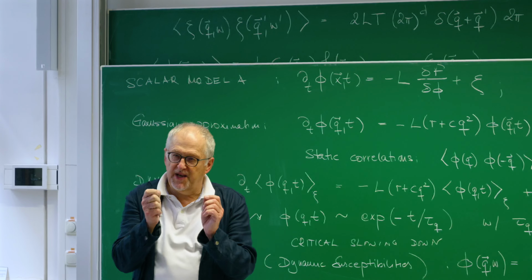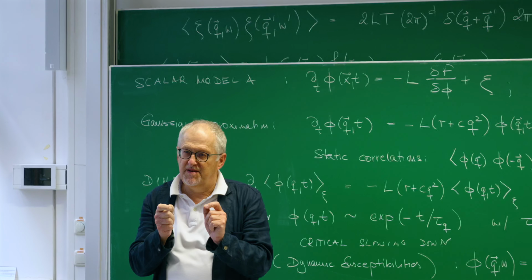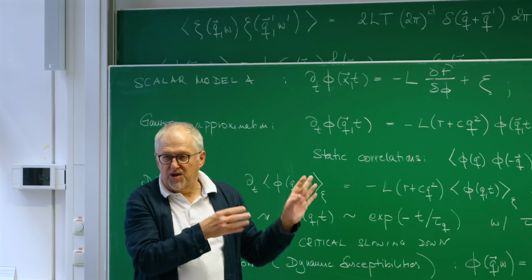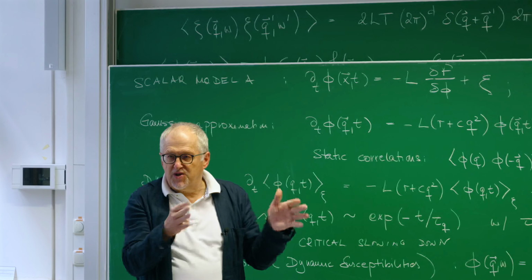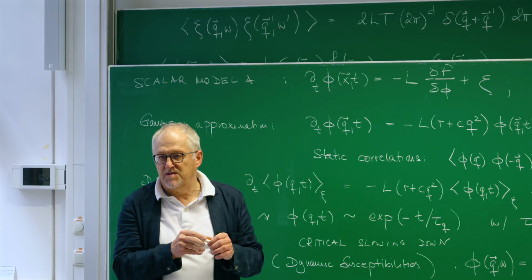That's what I meant when I said you need to use symmetries and conservation laws. Symmetries give you the structure of the free energy functional, but the structure of the equation is heavily determined by conservation laws.